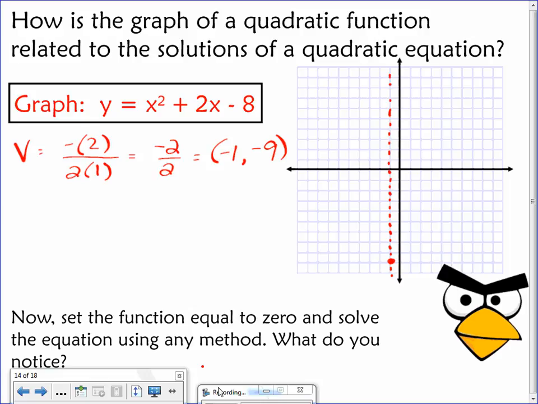All right, let's make our x and y table. Go off your x value. I would go 0 and 1. Let's see where we're at. So let's plug those in. So 0, we get -8.